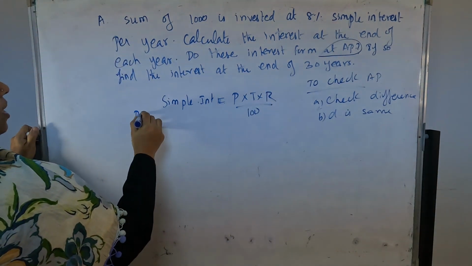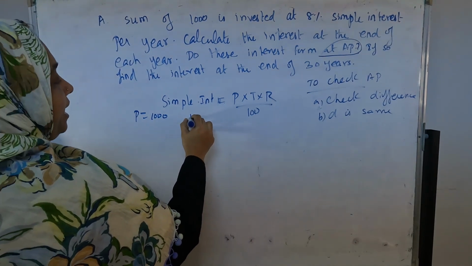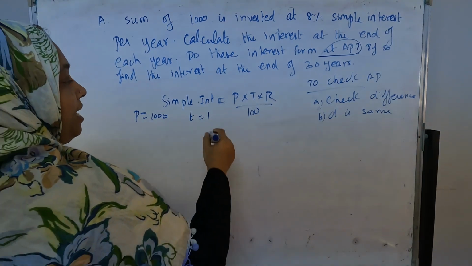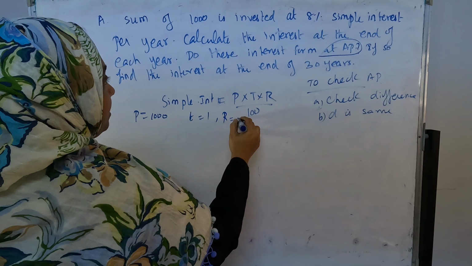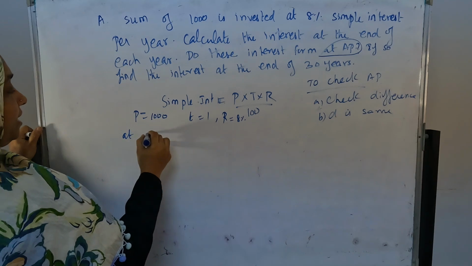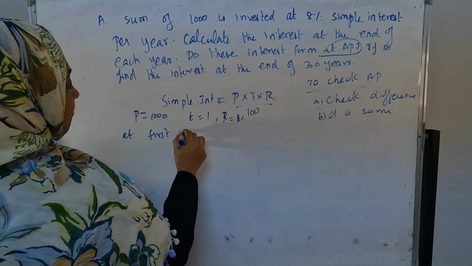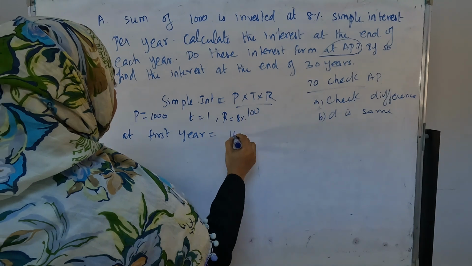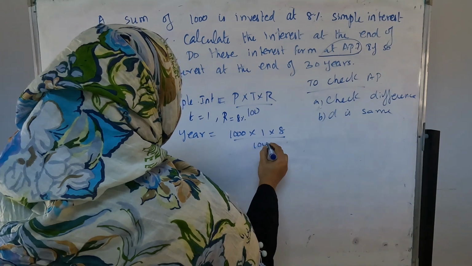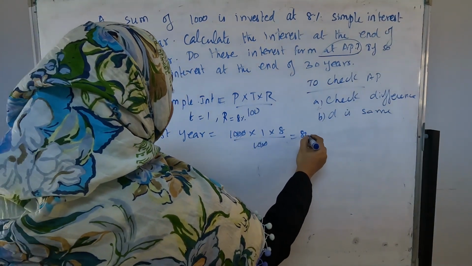So P is 1000 here. Time is every year, you have to calculate for 1, 2, 3, and R is 8% given here. We will substitute in this. At the first year, we will calculate 1000 into 1 into 8 by 100. So cutting this, we will get 80.